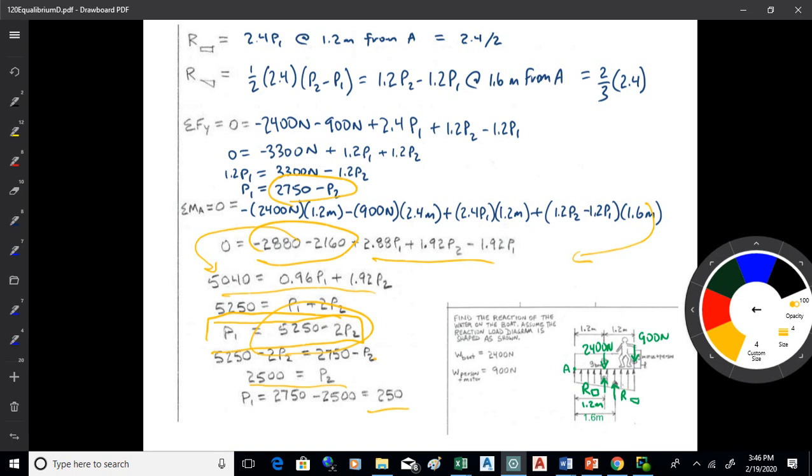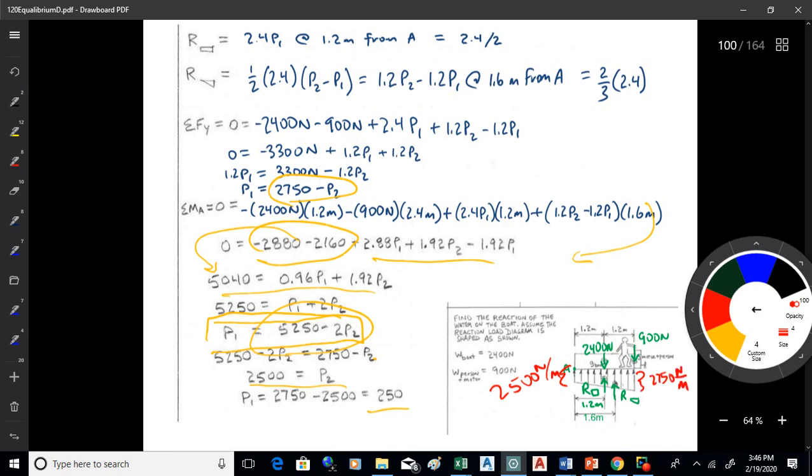So step-by-step solution there. I don't like to rush that, all right? So that's getting me the two values there on that distributed load. What I've got on this side is 2,500 newtons per meter. On the other side, I've got the sum of the two, so that'll be 2,750 newtons per meter.